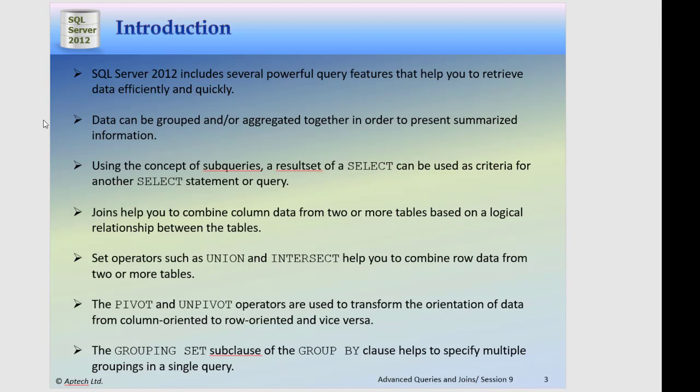Joins help you to combine column data from two or more tables based on a logical relationship between the two tables. And the set operators such as union and intersect help you to combine row data from two or more tables. The pivot and unpivot operators are used to transform the orientation of data from column-oriented to row-oriented and vice versa. The grouping set subclause of the group by clause helps to specify multiple groupings in a single query.